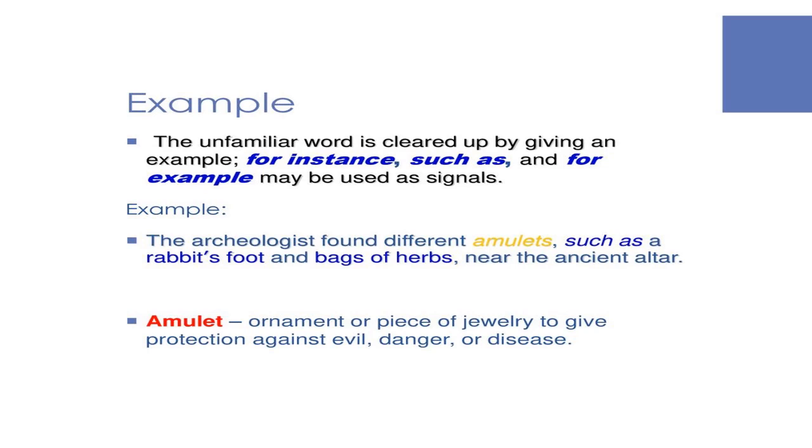Our example here is, the archaeologist found different amulets, such as a rabbit's foot and bags of herbs near the ancient altar. So if you don't know what an amulet is, it's followed by such as, which is your clue here, a rabbit's foot and bags of herbs. So two examples of amulets are a rabbit's foot and bags of herbs.